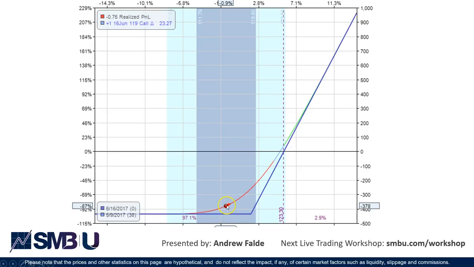It does get worse. It does lose money down to this point, but it's a diminishing negative return. And then on the upside, it's actually an increasingly positive exponential curve in your favor as you get deep into that right to buy the call. So that's just the behavior of these options.